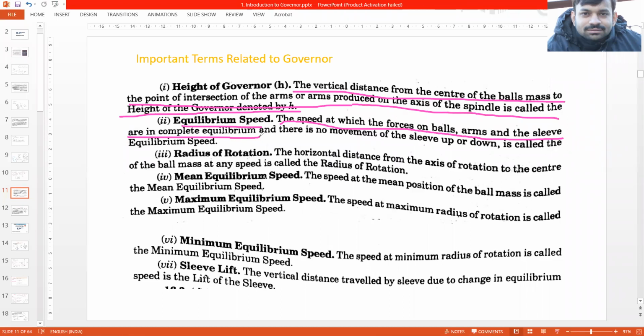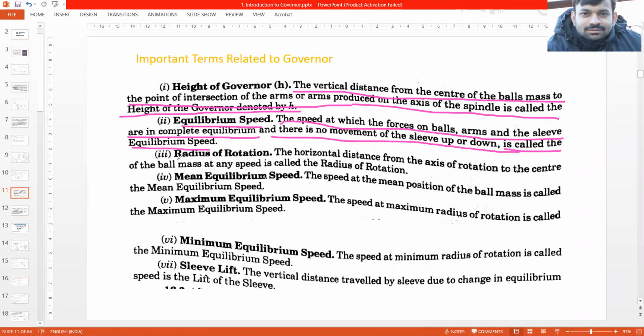That is, the force acting on the balls, the force acting on the arms, and the force acting on the sleeve are cancelling each other out. Okay, in that case, the system will be at equilibrium. There will be no unbalanced force, and there is no movement of the sleeve up or down. The sleeve is rotating at its own pace. It is not moving up or down, and that speed is called the equilibrium speed.